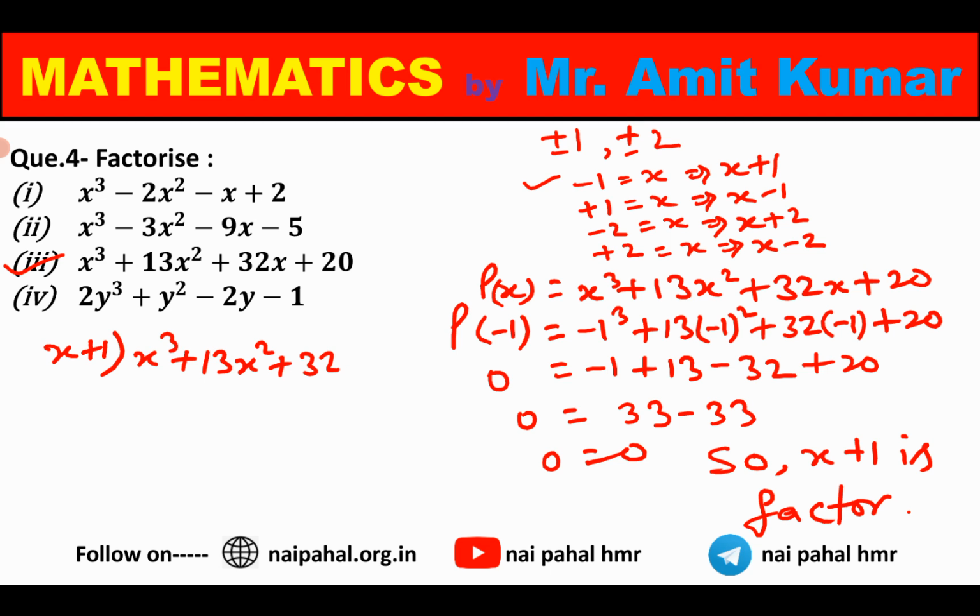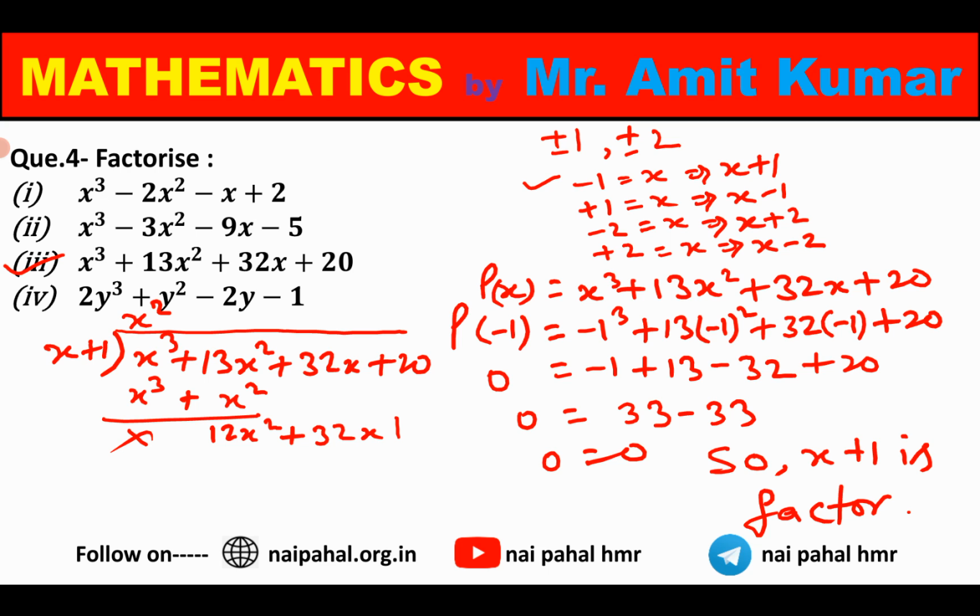Let's continue with the third part. The same process will be repeated. Third part, just take plus minus 1 and plus minus 2. So in that case you will have to take minus 1 first, plus 1, minus 2 and plus 2.